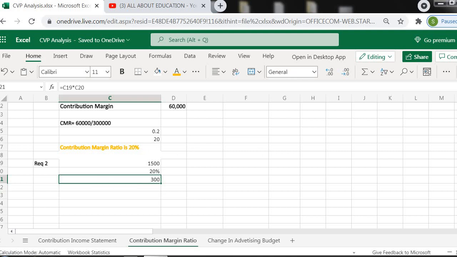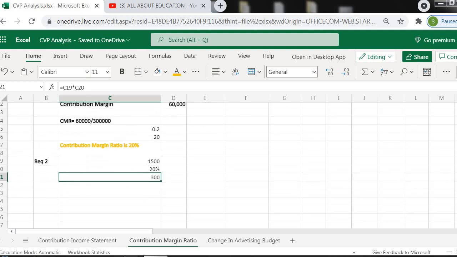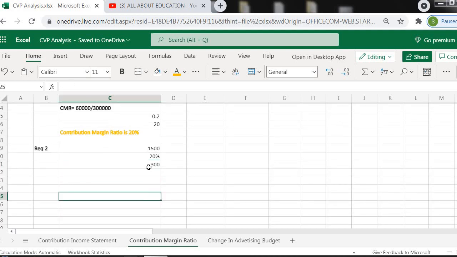So the change in company's net operating income, if it were to increase its total sales by 1,500, is 300, right?